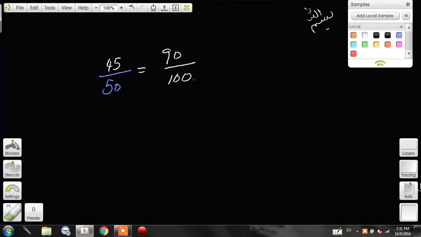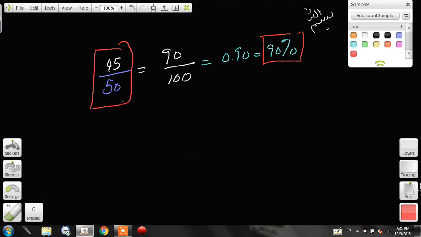It would be 90, right? Now, observe this: if there are 45 questions correct out of 50, that's the same thing as 90 questions out of 100. So 90 is 0.90, which is 90%. You follow? So 45 over 50 is 90%.